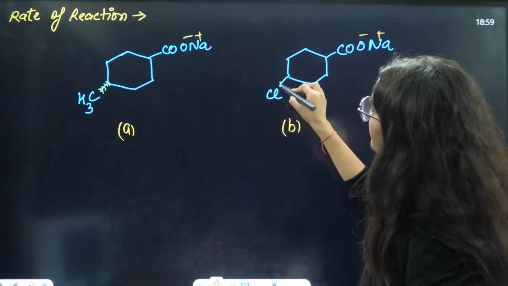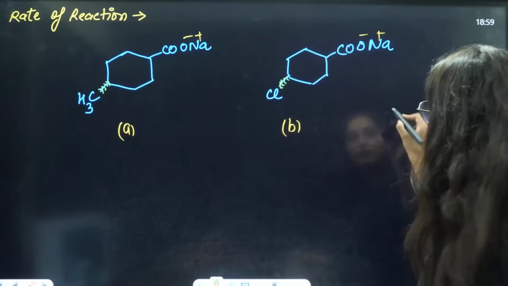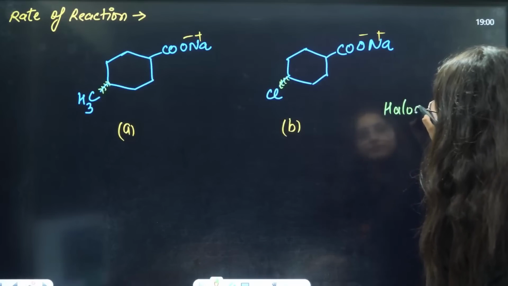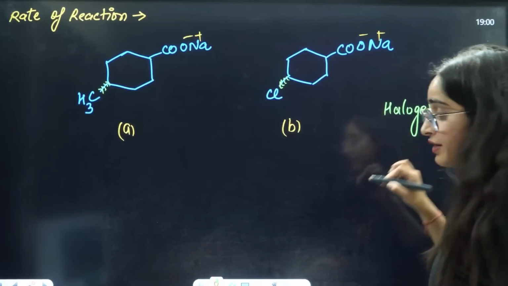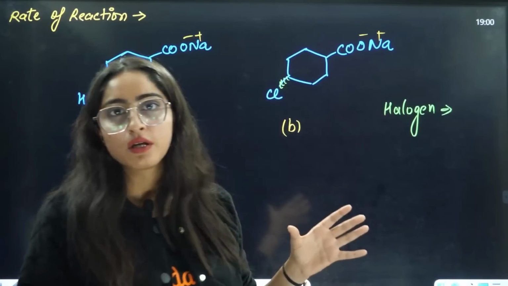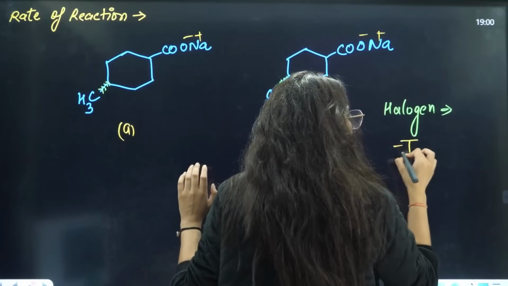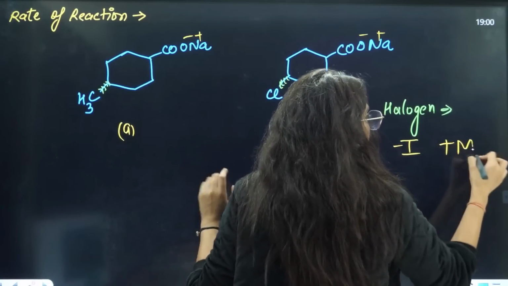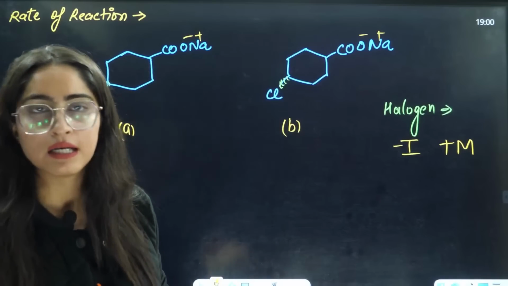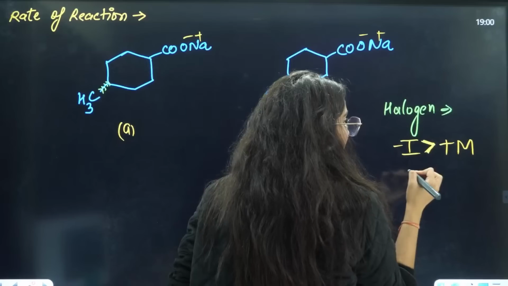Now, one more important thing: halogen. Whatever I am speaking here is worth coming in the exam. Halogen shows a minus I and plus M effect. Both it is showing, but the minus I effect is more dominating.